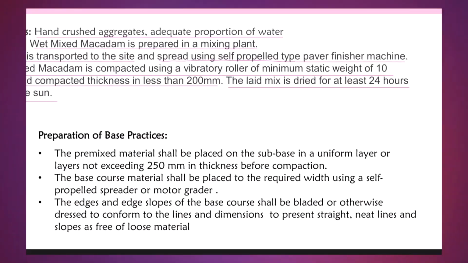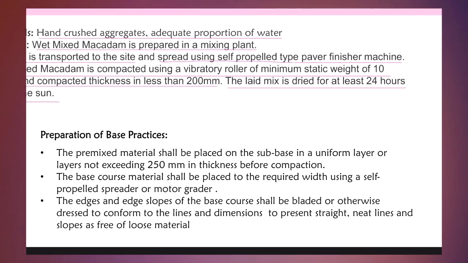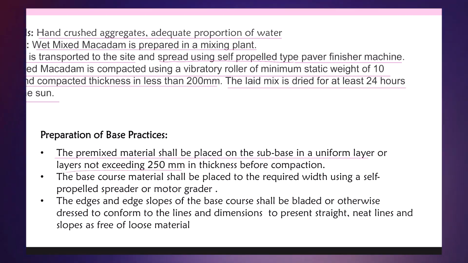So the key points of preparation of base practices is the premixed material shall be placed on the sub-base in a uniform layer or layers not exceeding 250 millimeters in thickness before compaction. The base course material shall be placed to the required width using a self-propelled spreader or also a motor grader.